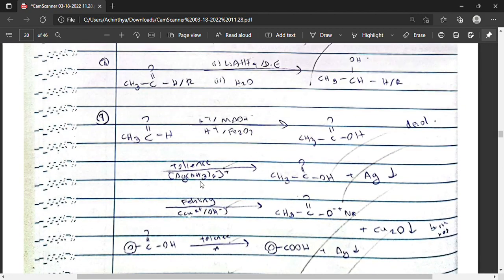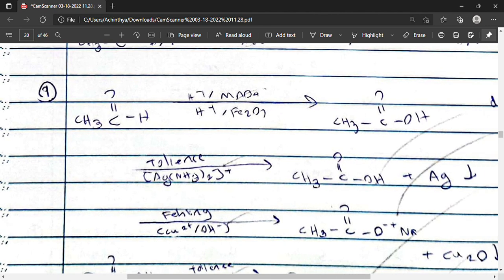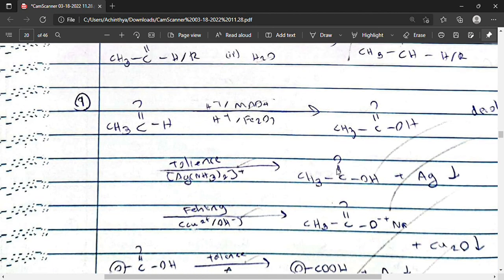By the way, Tollens could be used if we have a compound with both an aldehyde and a ketone group. This is a neat thing that I have noticed: we can use it to oxidize the aldehyde group into a carboxylic acid while keeping the ketone.